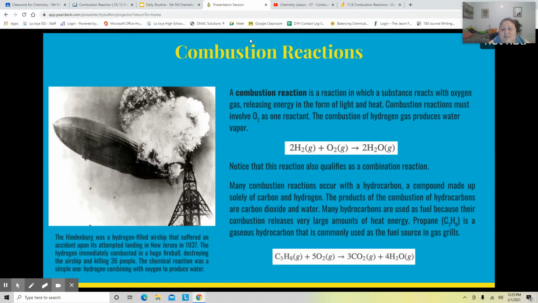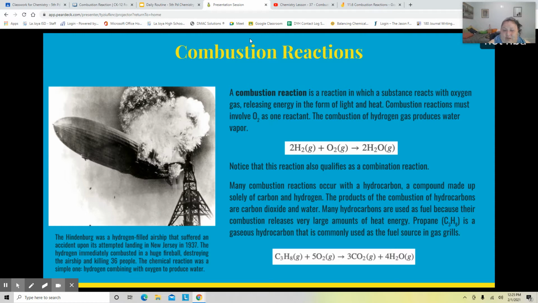Combustion reactions must involve O2 as one reactant. So oxygen has to be present. If not, then it's not a combustion reaction. If you have O2 as one reactant, it's possible to be considered a combustion reaction.